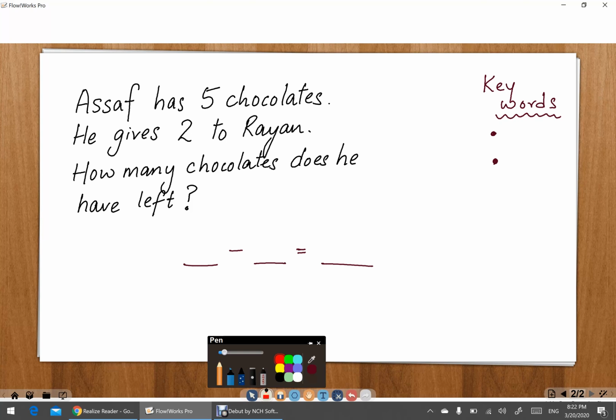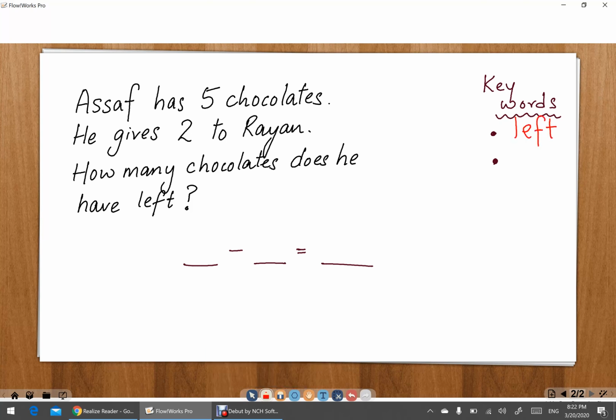Now here, because we are subtracting, what will be the keywords? Left. When you see the word left or away, you will subtract. So what are the numbers here? 5 and 2. And keyword I have, left.